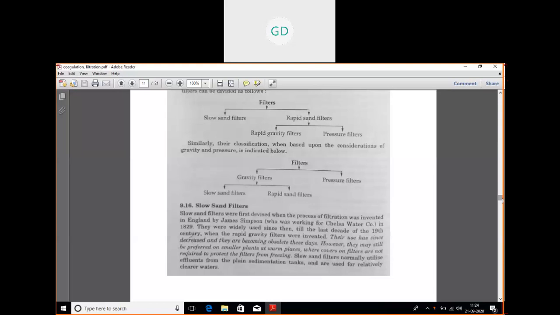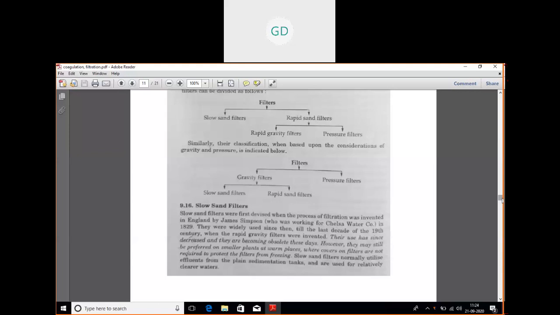Generally people say that slow sand filters have drawbacks, so you might think they might not give purer water than a rapid sand filter, but this is not so. The slow sand filter gives purer water, and your result is more accurate than with rapid sand filters.